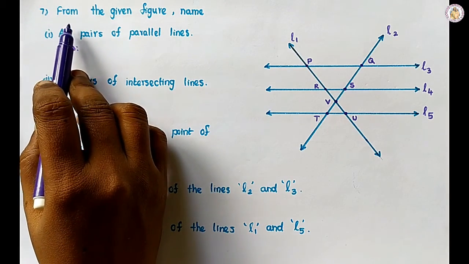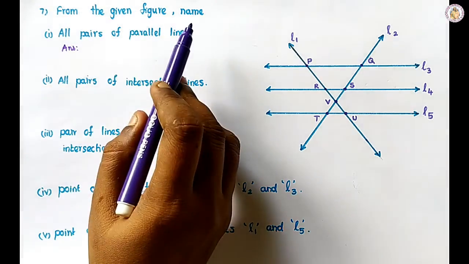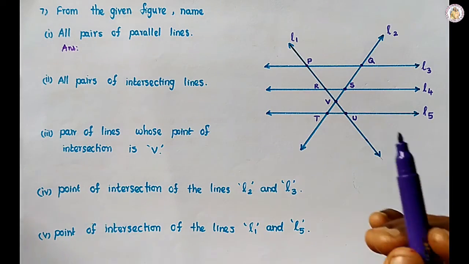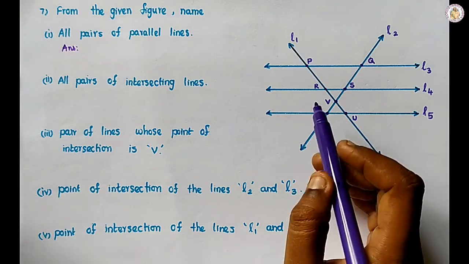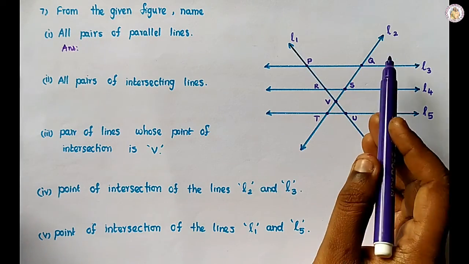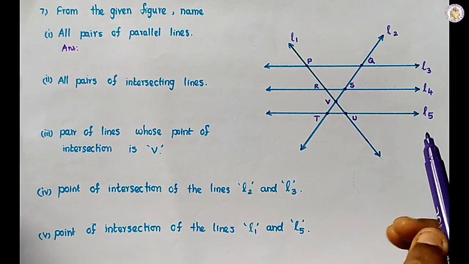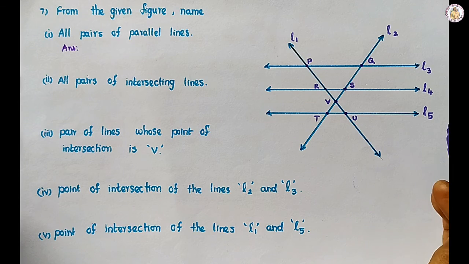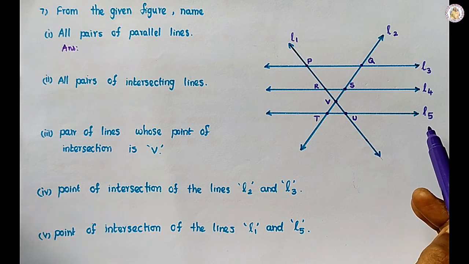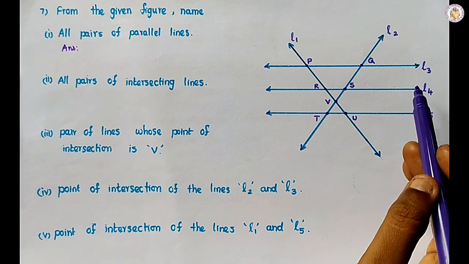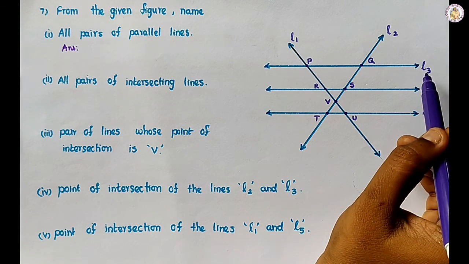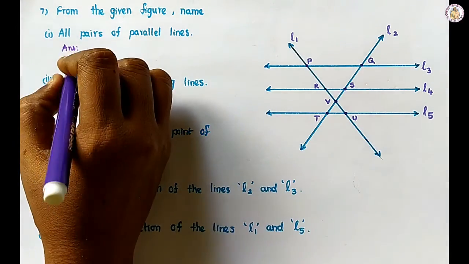Seventh question. From the given figure, name all pairs of parallel lines. Listen, in the figure L1, L2 are the intersecting lines. L3, L4, L5 are the parallel lines. Now they ask all the pairs of parallel lines. First, L3 and L4 are parallel.